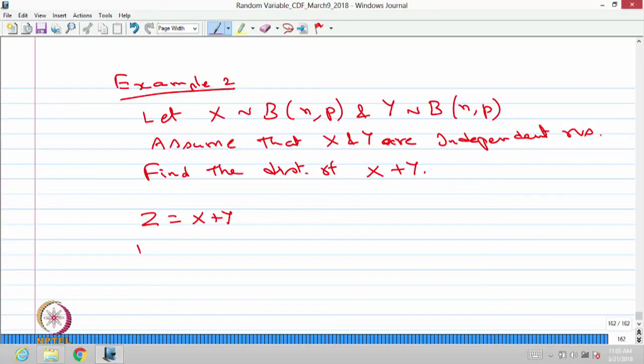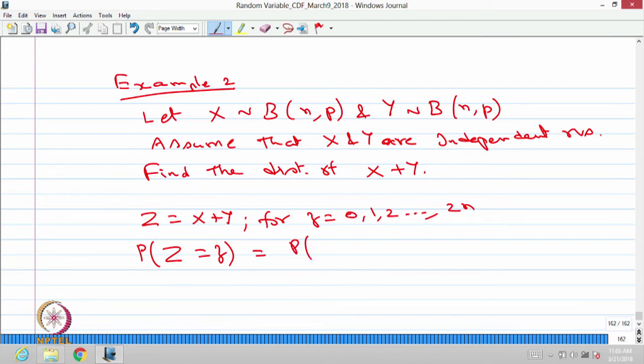So, one can find the probability mass function of the random variable z for z taking the values 0, 1, 2 and so on till 2n. This probability mass function is going to be positive there, and at all other points it is going to be 0. So, we will be worried about when z takes a value 0, 1, 2 and so on till 2n.